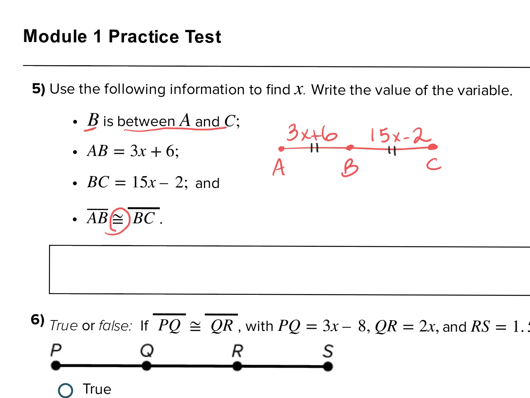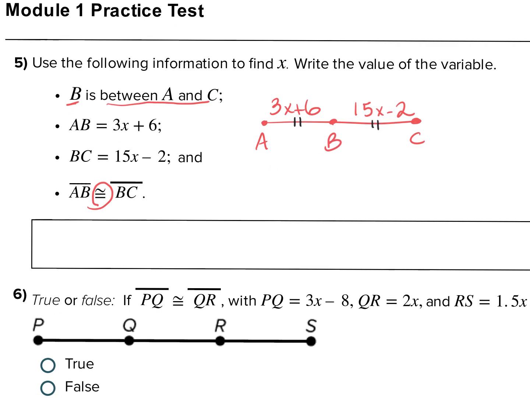So therefore, to set up my equation, and you would do this anytime you see this or you see the congruent symbol, we're going to solve by setting 3x plus 6 equal to 15x minus 2. And actually, I want to rewrite that so I can make sure my variables are positive.